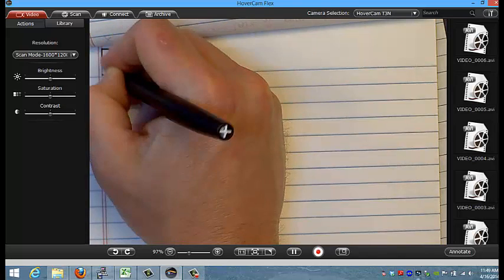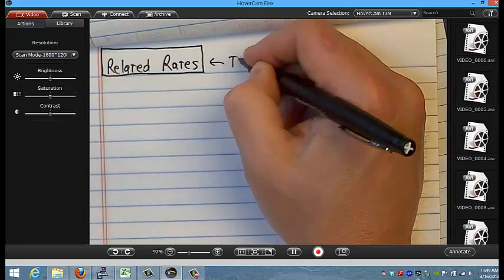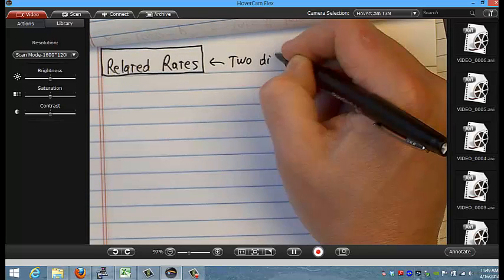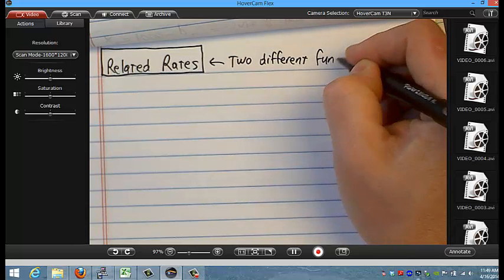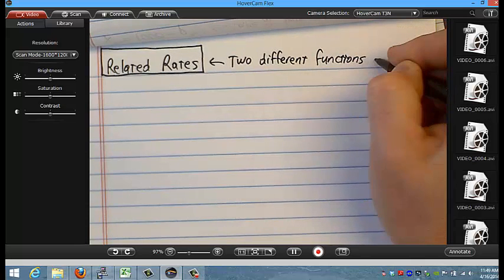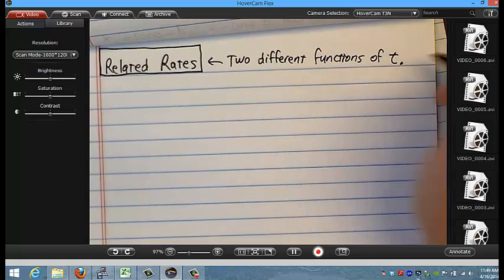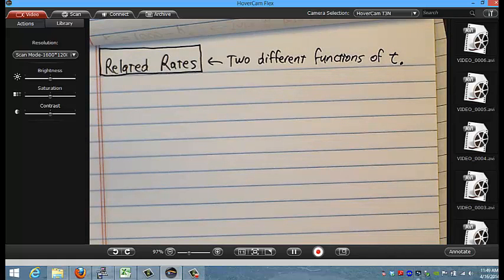What we're going to have is two different functions of t, where t stands for what? Time. Okay. I'm going to give you guys an example here. This is problem 56 from your book.